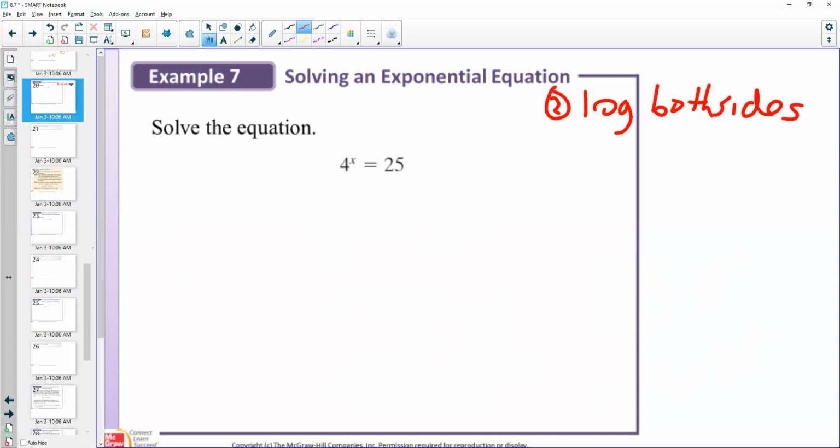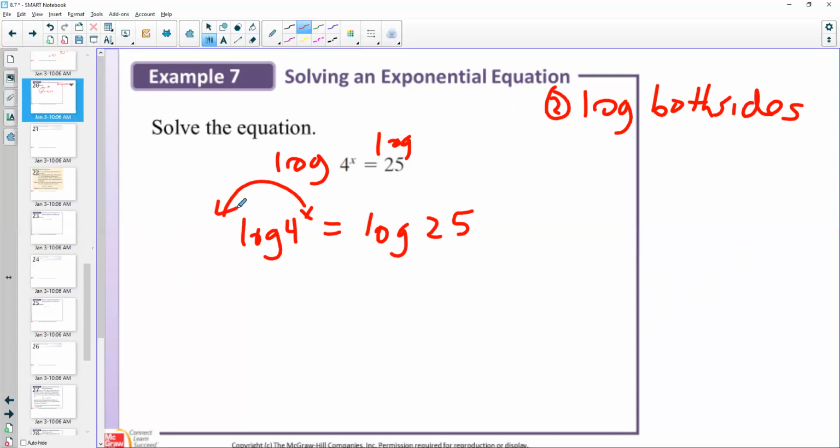So here's how it works. I'm going to say log and log. So I'm going to get log of 4 to the x equals log of 25. What this allows me to do using my log rules is pull the x out of the exponent to the front.